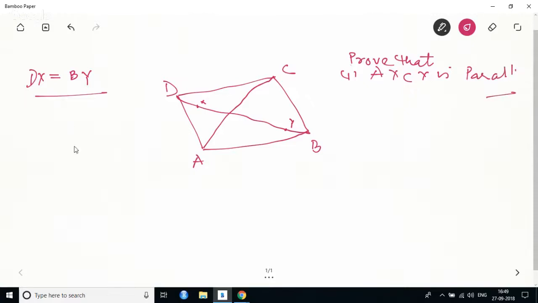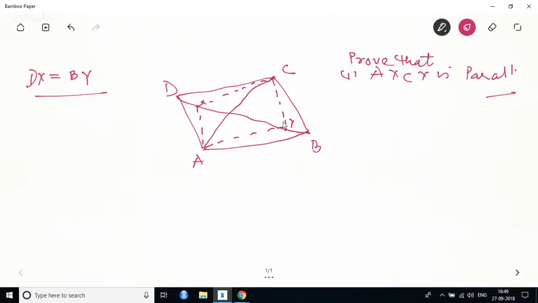So let me first prove it for you. Let me first construct AXCY. It is something like this. Now, if you have to prove that any particular quadrilateral is a parallelogram, what will you do? First thing, we need to prove that opposite sides are parallel and equal.